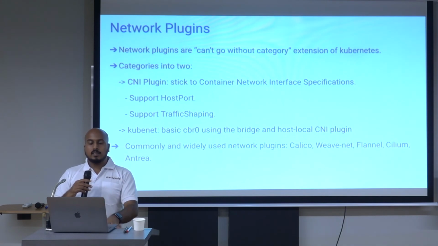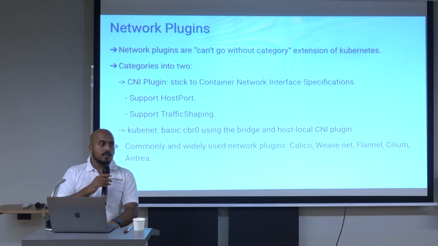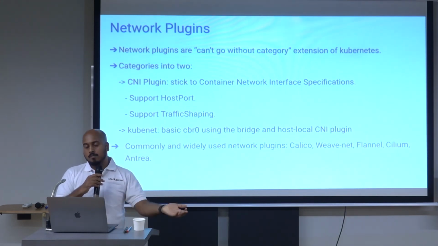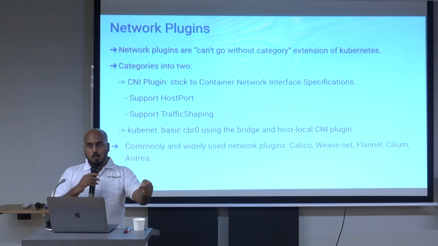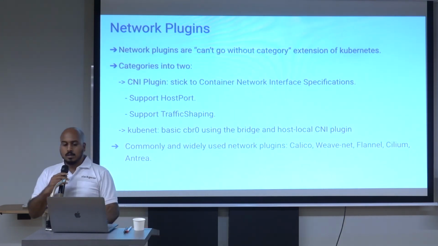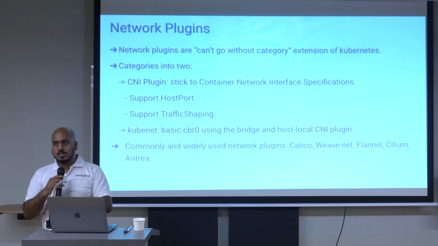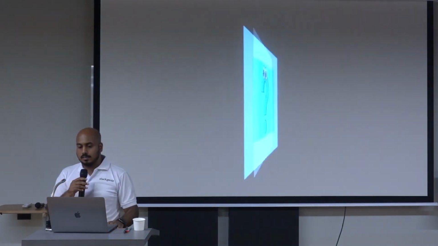Cilium lets its routing happen through the eBPF filter. The good thing is that it is not making any rules. Instead, it writes this routing in the kernel space. That means it directly tweaks the data path in the kernel with the help of sandboxed programs. So this is a short introduction to the network plugins. I hope we have completed. Yes, we have completed.